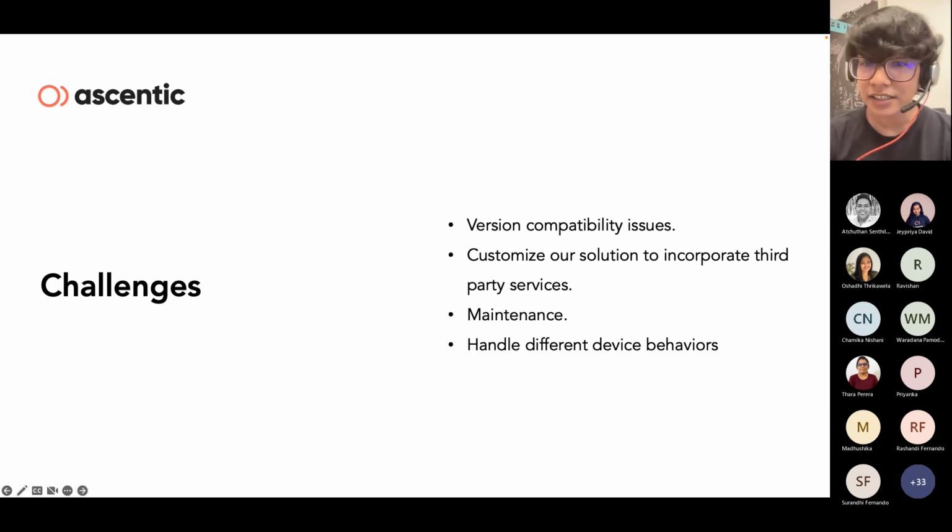And also, handling different device behaviors can be really challenging. If we are to run our tests across various different devices, and there are many different versions also, it's doubtful whether we will be able to execute our tests smoothly on all these devices and versions alike. So we'll need adjustments to the code to cater to those differences, and in the meantime, we'll have to prioritize the devices and versions that are most important for our testing.